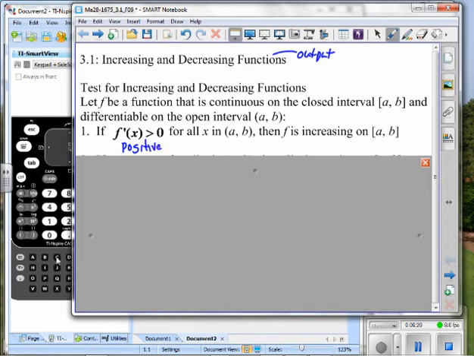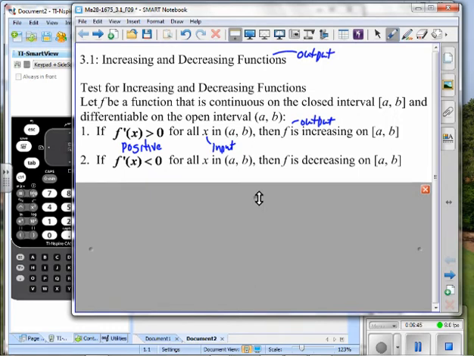If the first derivative is positive for all the inputs in the interval from A to B, then the function is increasing. In other words, the output values of the function are increasing on that interval. So if the first derivative is positive, the function is increasing. Tangent lines are going uphill.